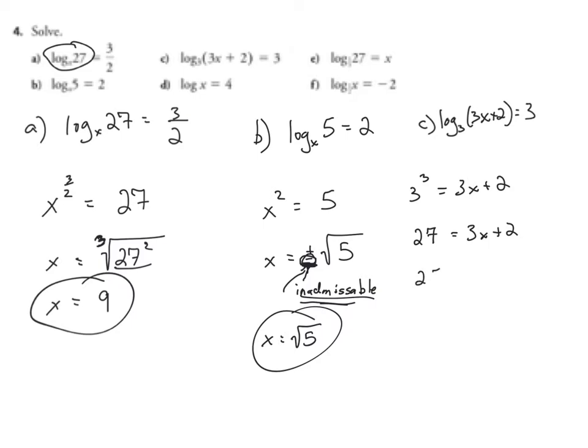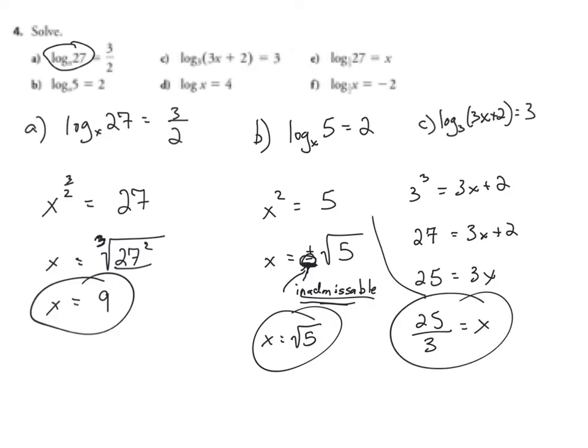So 25 equals 3x, and 25 over 3 equals x. I could easily just look at this and check. 3 times 25 over 3 is 25, plus 2 is 27, and yeah, the log of 27 base 3 is equal to 3. So that's a good answer.